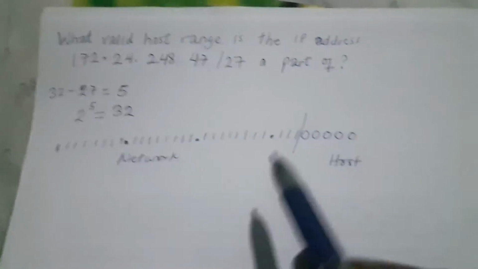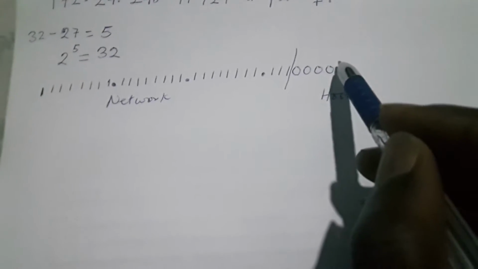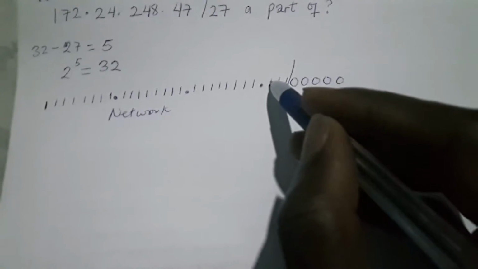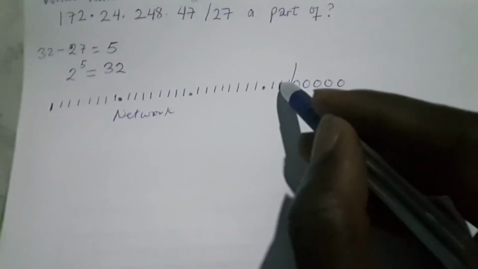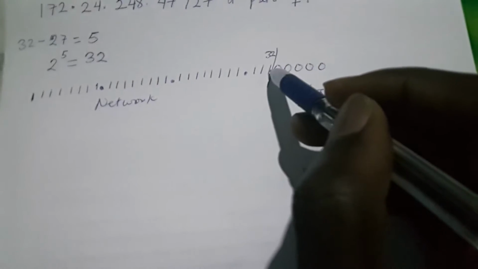From here we check: this is 128, this is 64, and this is 32. So we write our 32 here, the same 32 that we have already. Why are we writing it here?